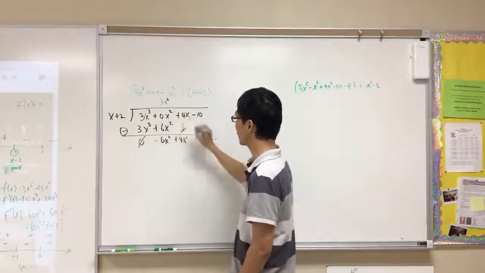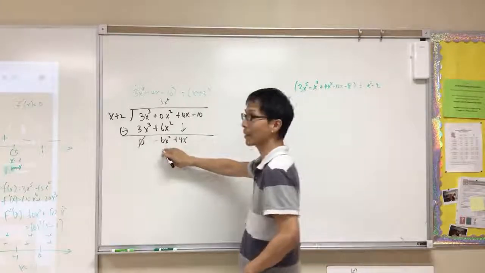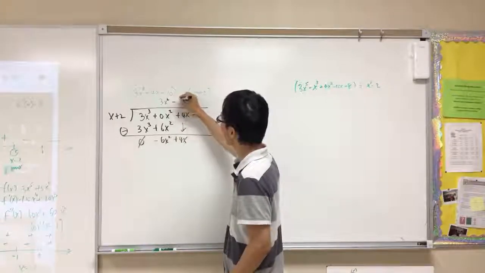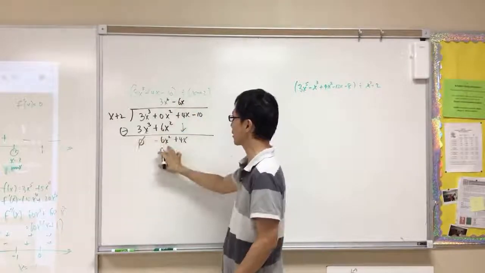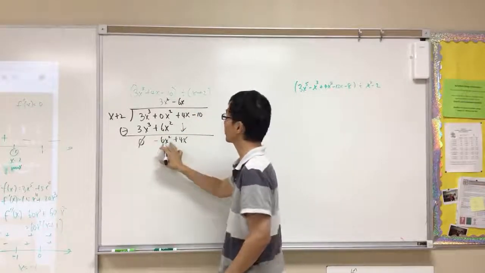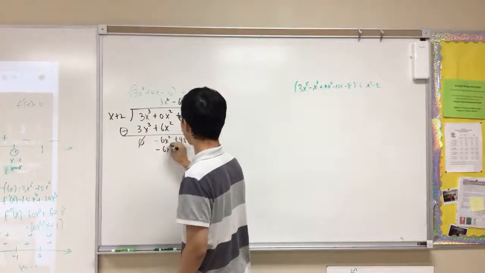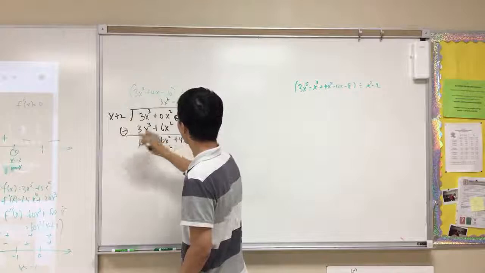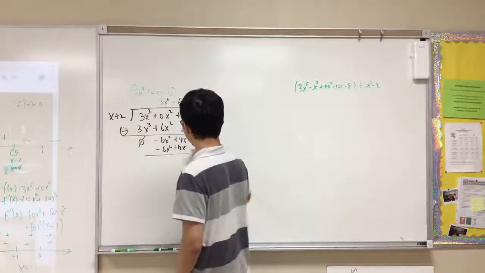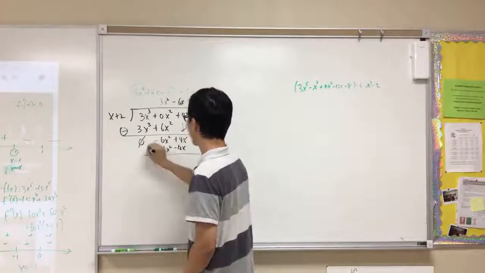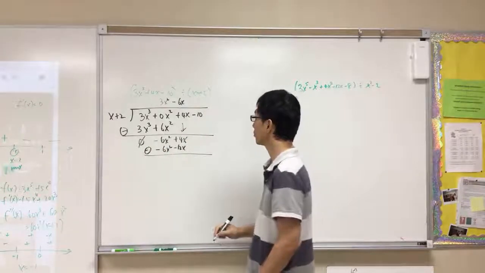I'm going to drop another term here. Now I'm going to get rid of this -6x squared, so it'll be -6x, because I want to have the exact same sign as this, so they can subtract it off. So -6 times x is -6x squared. -6 times 2 is -12x. Can you subtract again? No, you will not. You will add.